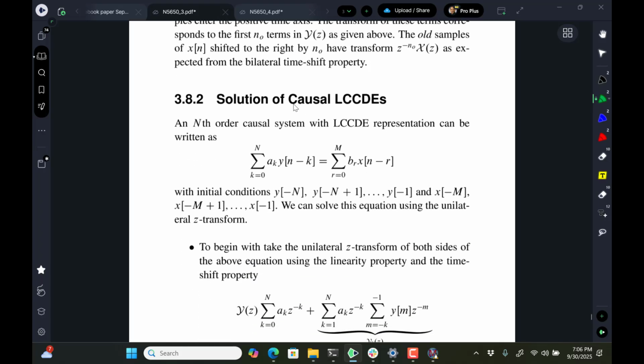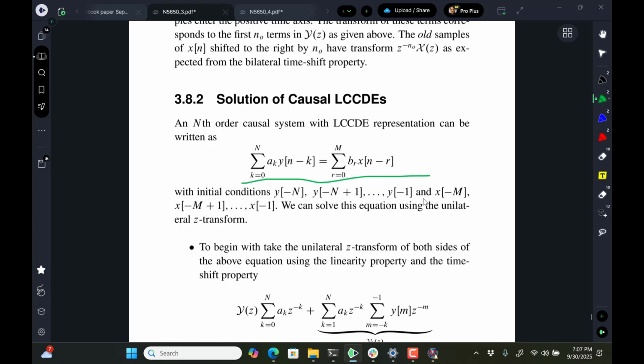So in a causal LCCDE, we had this from the very beginning, where a linear combination of n plus 1 past outputs and n plus 1 past inputs are equivalent to each other, and that's what the LCCDE does.